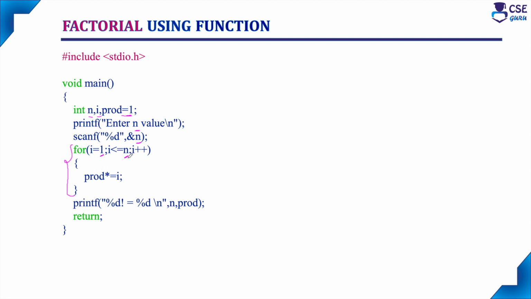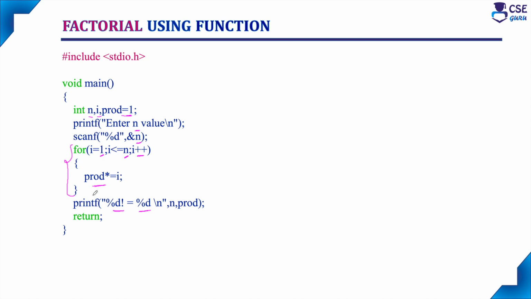Here n is the number up to which we need to find the factorial. So i less than or equal to n, i plus plus, find the product: product is equal to product into i. Then print n factorial is equal to that value. So this is the program completely implemented within the main function.